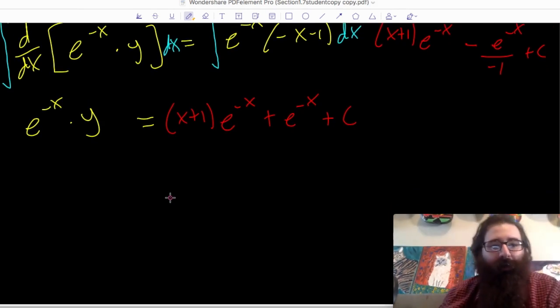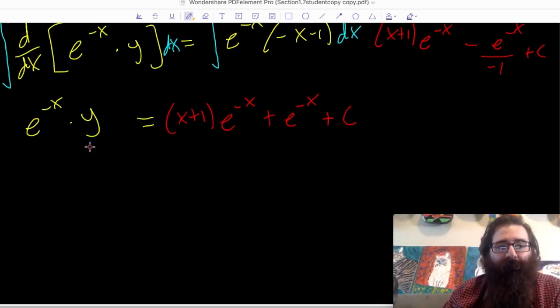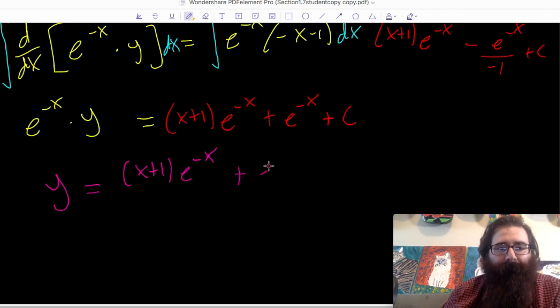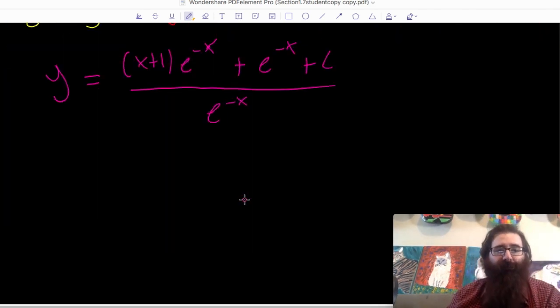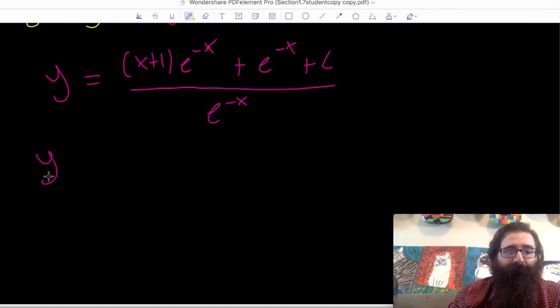So here, if I go ahead and try to solve for y, that means I want to divide both sides by e to the minus x. So y is equal to x plus 1 e to the minus x plus e to the minus x plus c, all divided by e to the minus x. Now think about breaking this up into 3 separate fractions and simplifying.